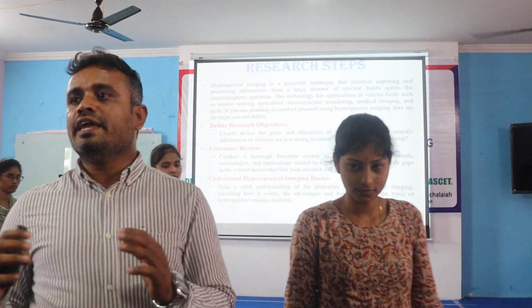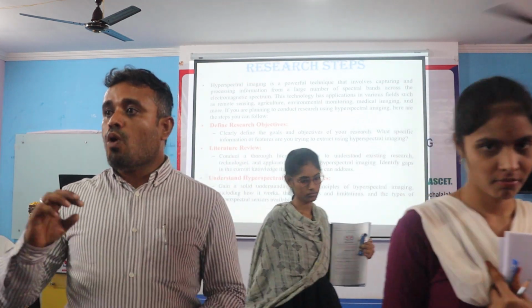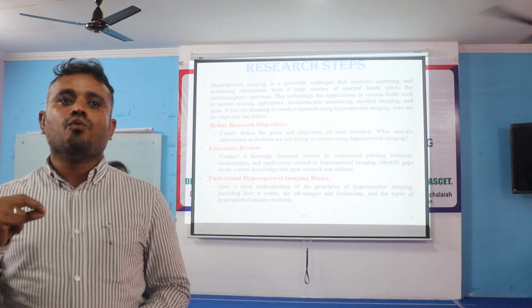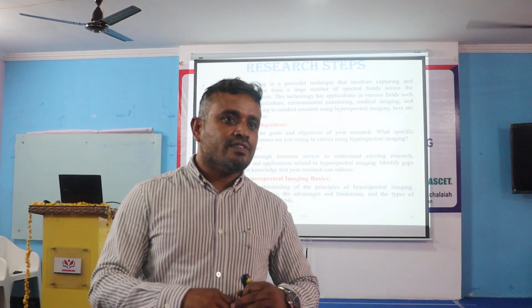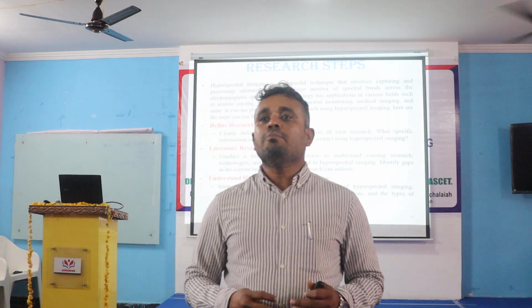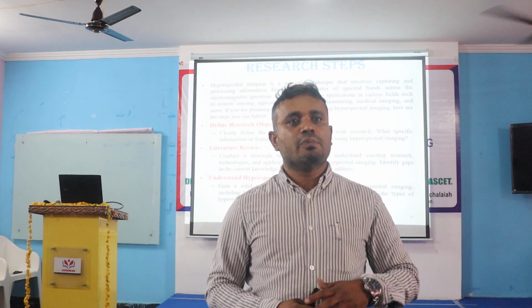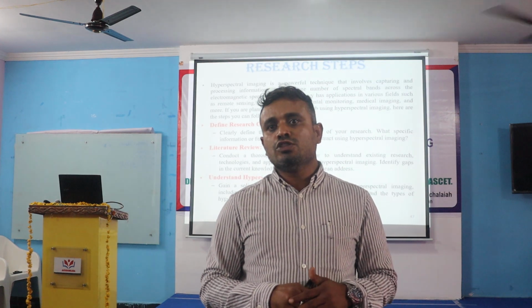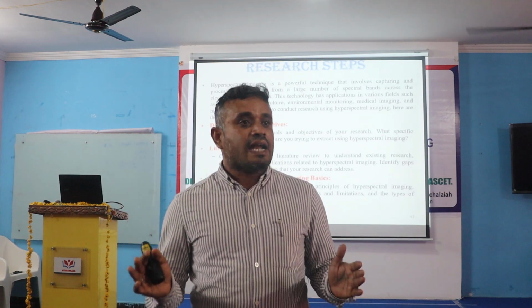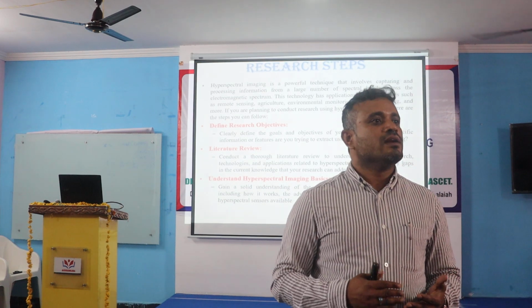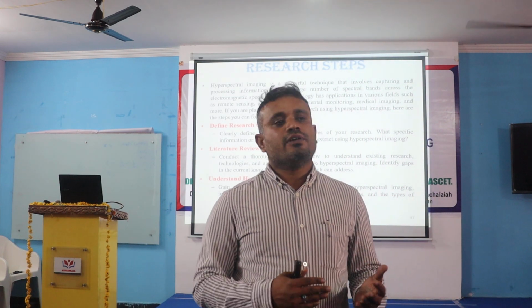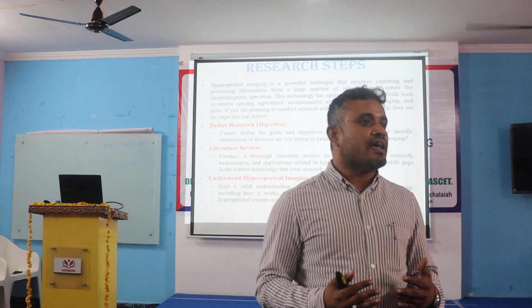After that, once we have a clear idea about what we have to do and in what field we have to do the research, we have to collect the data which has been published earlier. Whatever previous papers are there, we have to go through all the standard publications, that is, those indexed in Scopus or Web of Science, journals ranked in Science Citation.